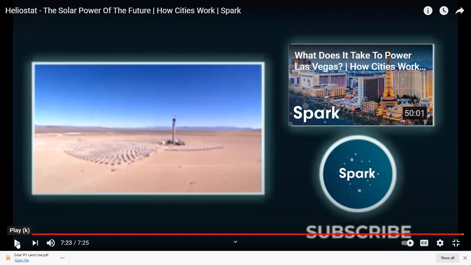So what they did is they put a little heat magnet sort of thing on the top, and then they used the mirrors to point the sunlight at that. And then they have the salt. It's a molten salt, and they like that because it has an extremely high heat capacity.